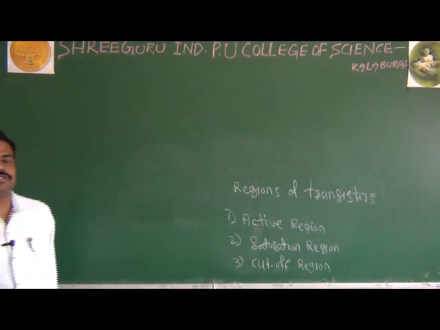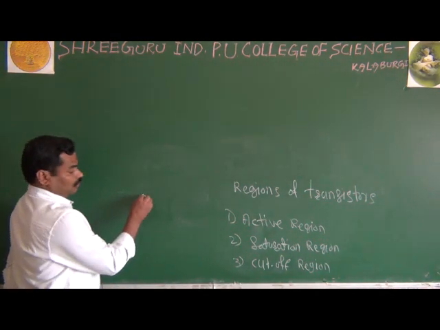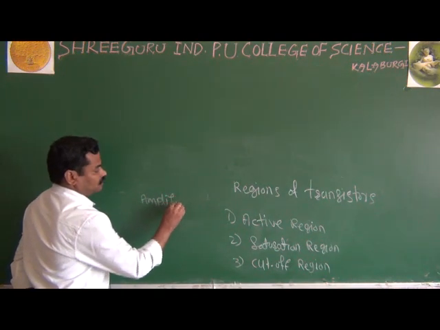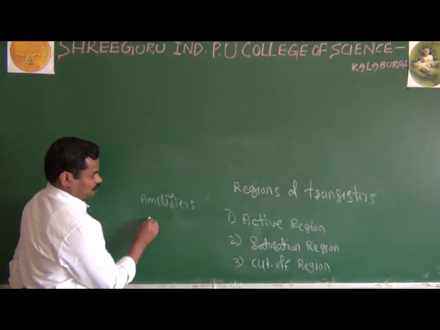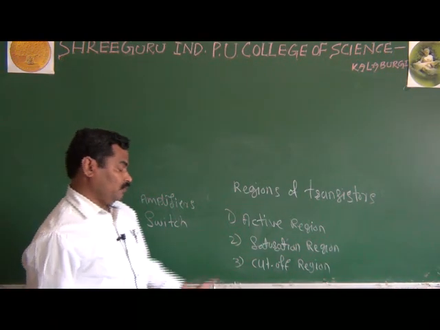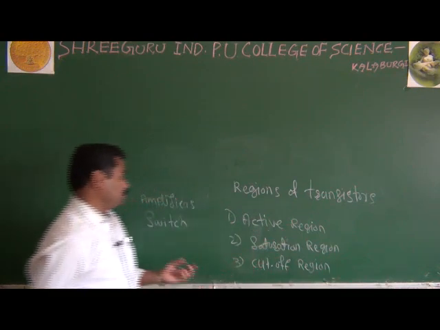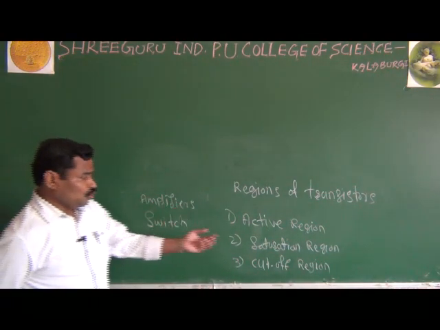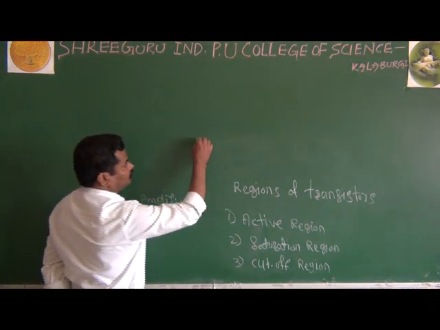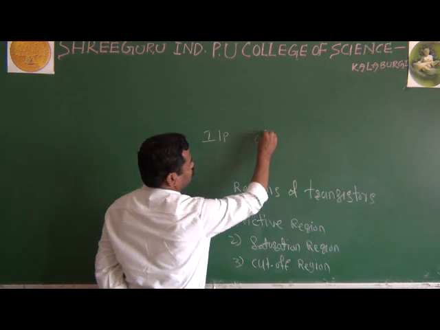As I said already, the important applications of the transistor: one is the amplifier, and the second is the switch. Whenever the transistor is in the active region, at that time it works as an amplifier. What is the active region? We can make a table with input and output.